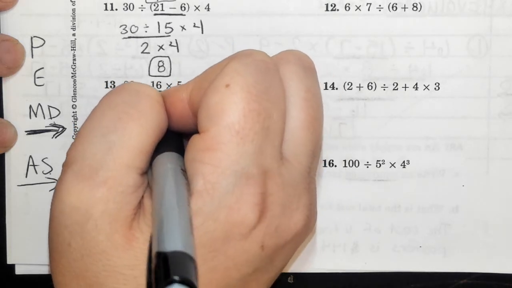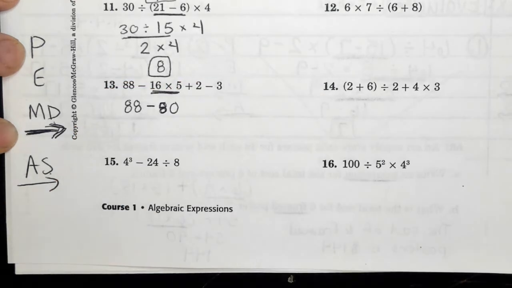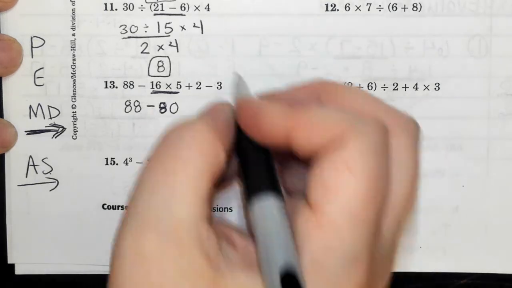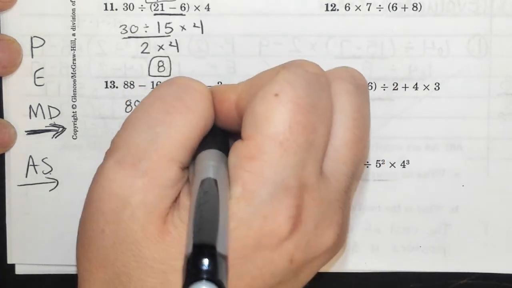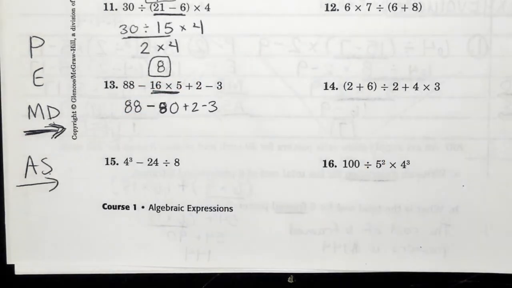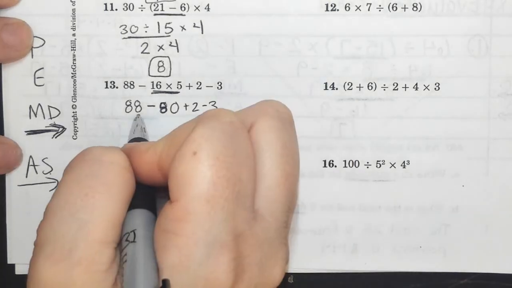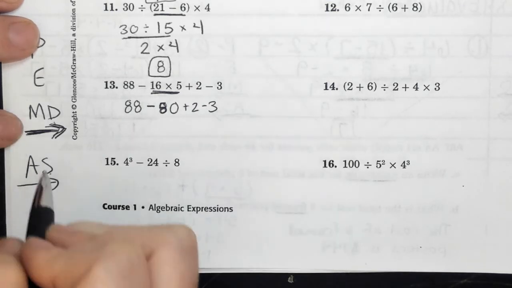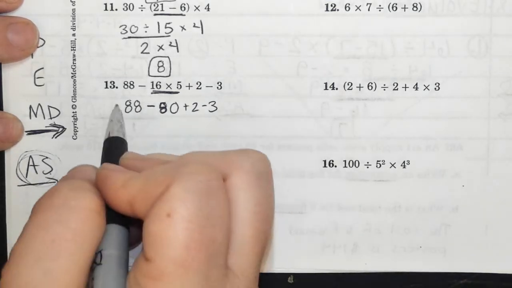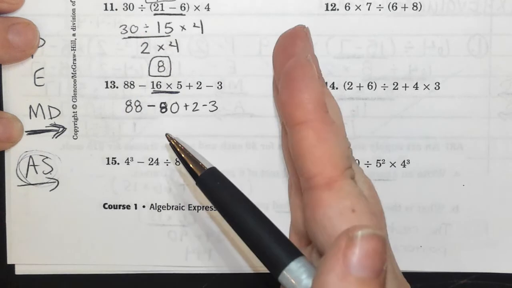I think it's 80. Right. All right, then plus 2 minus 3. Now what should I do? What do you think, Keegan? Perfect. Now all of this is adding and subtracting, so we're just going to go from the left of the problem to the right.